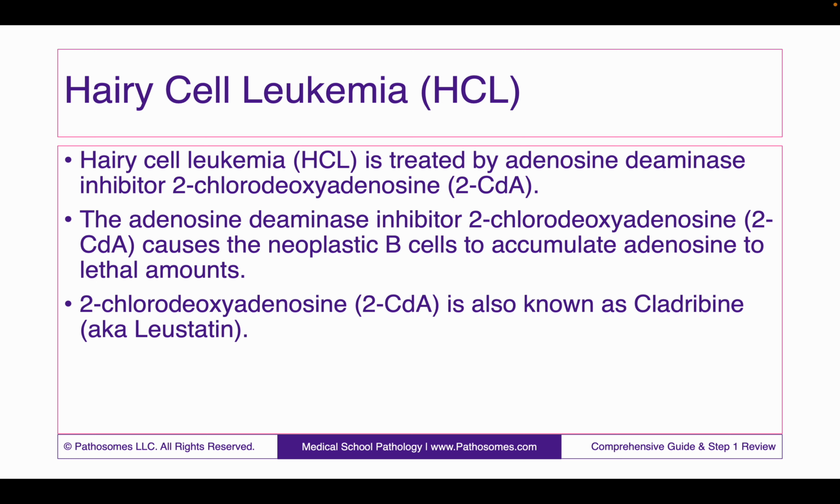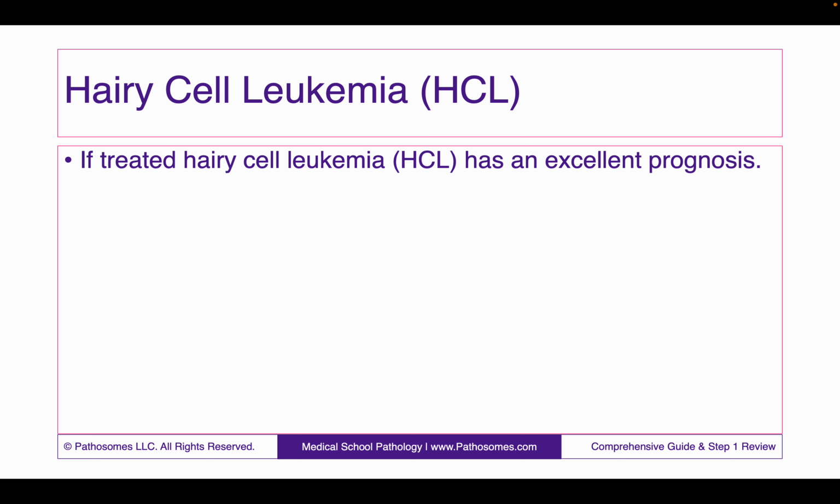The adenosine deaminase inhibitor 2-chlorodeoxyadenosine causes the neoplastic hairy B cells to accumulate adenosine to lethal amounts and fade away. 2-chlorodeoxyadenosine is also known as cladribine, aka Leustatin. Now, if treated, hairy cell leukemia has an excellent prognosis.